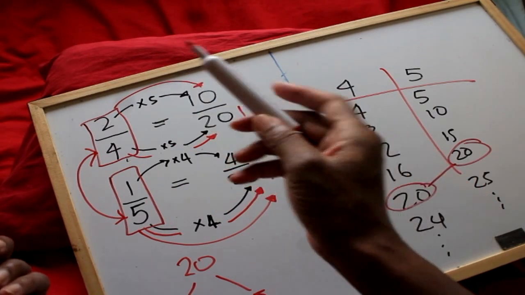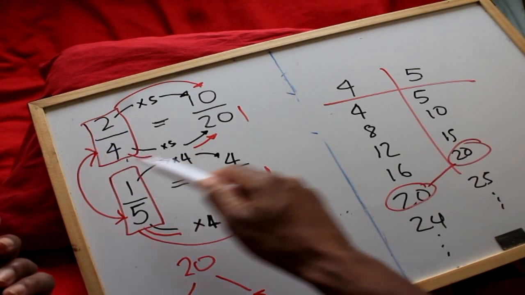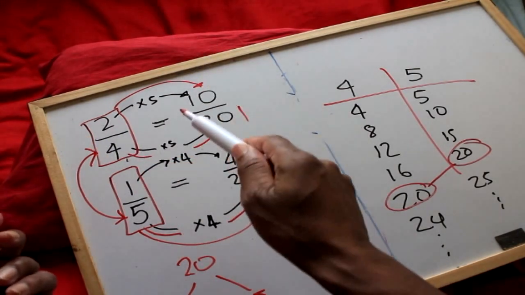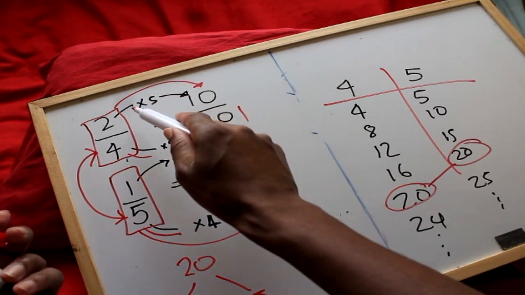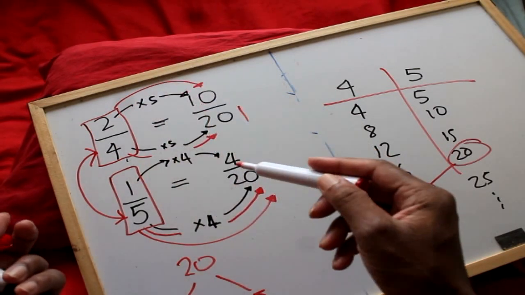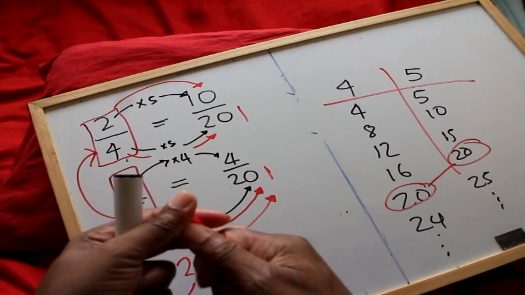I have to ask myself, how many times do I have to multiply 4 to get 20? 5 times. So then I take that number 5, multiply 4 by 5, and I do it for the numerator as well, because that gives us the equivalent fraction.